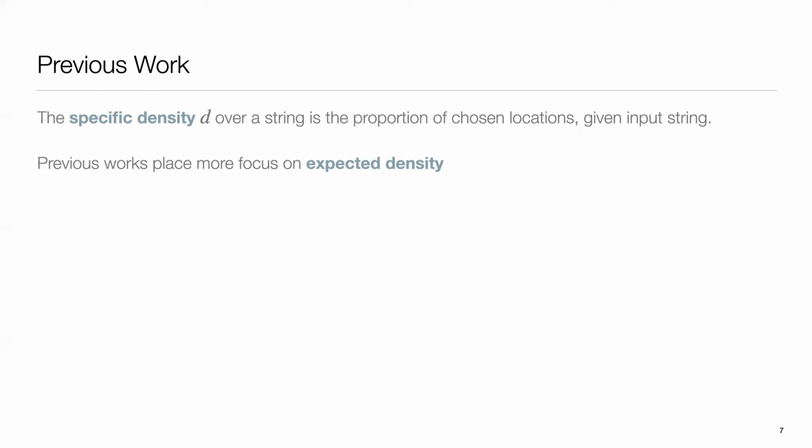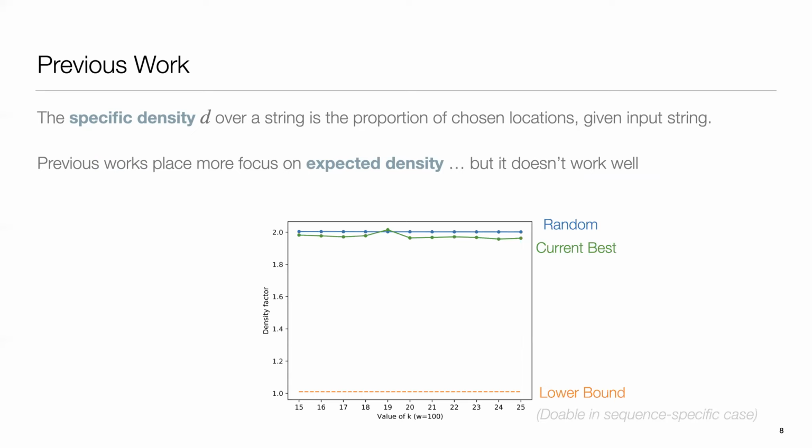First is that it just plainly doesn't work very well for some of the parameters w and k. Here we show an example where w is 100, so the windows are very long, and k is between 15 and 25. In this case, you can look at the plots and realize that a random minimizer, which is trivial to implement, is not doing much worse than what is currently doable using minimizer optimization approaches.